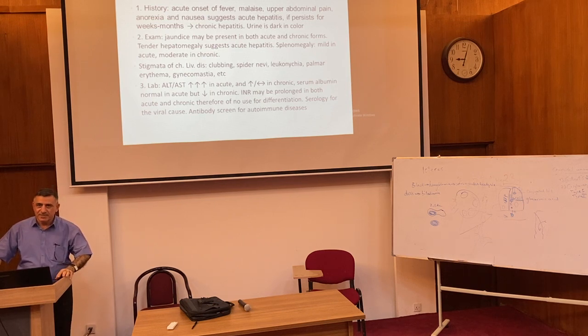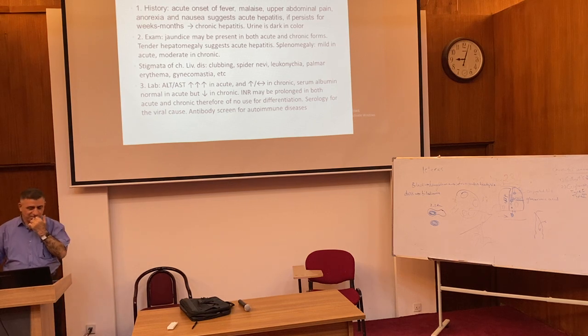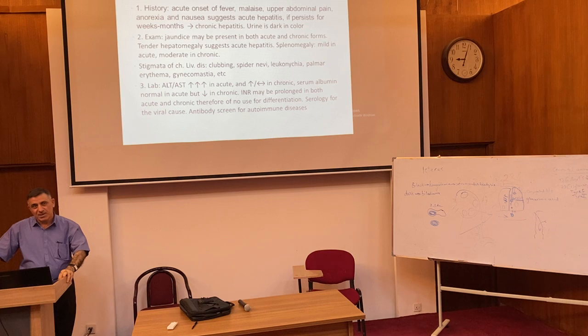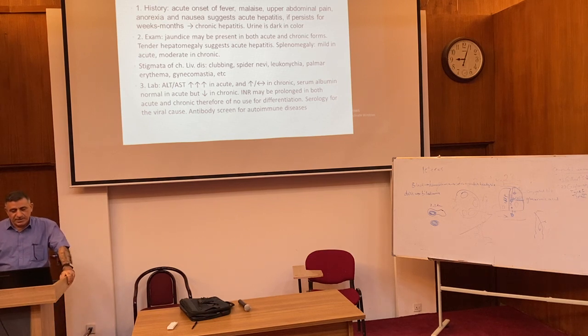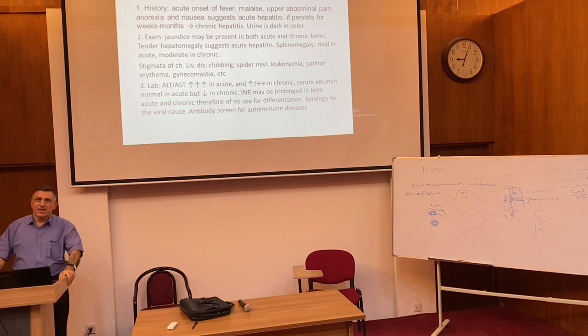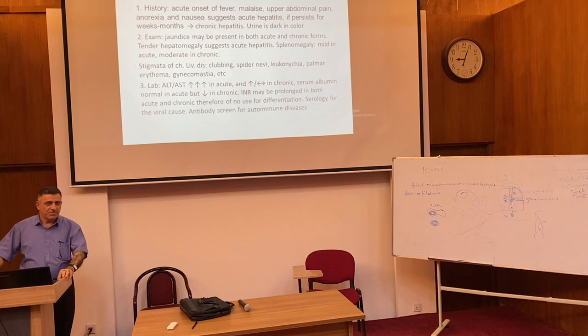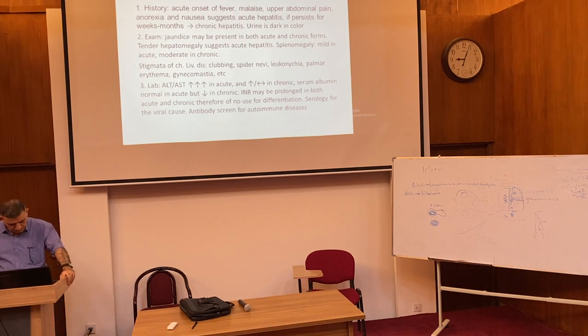Dyspepsia may occur, and the patient may become jaundiced. In chronic hepatitis there is loss of energy, loss of appetite, loss of weight. On examination in acute hepatitis there may be tender hepatomegaly, a palpable liver which may be tender, and a soft spleen.